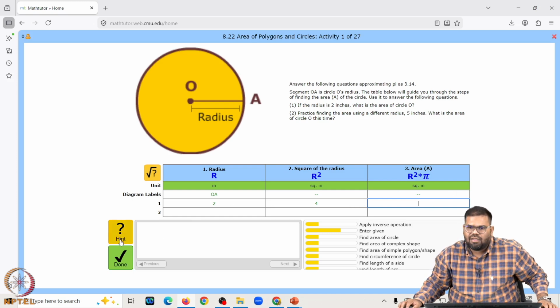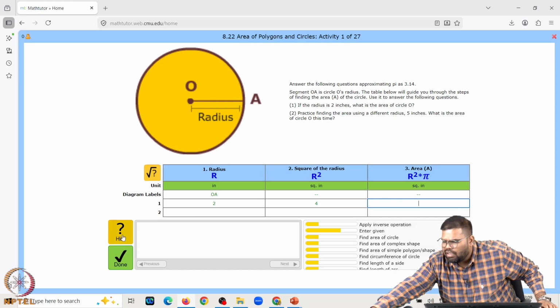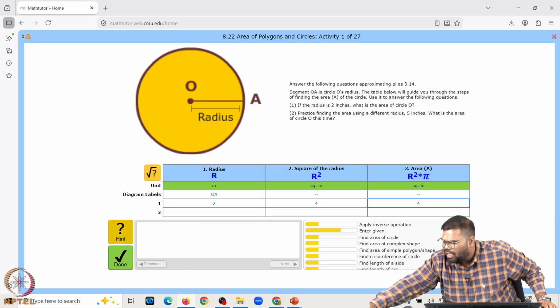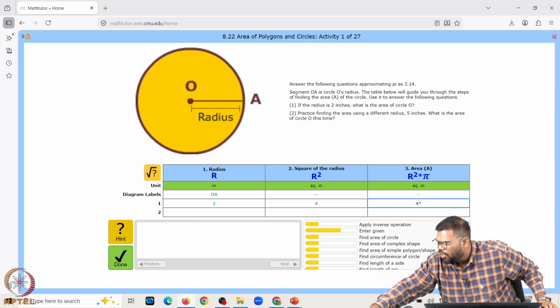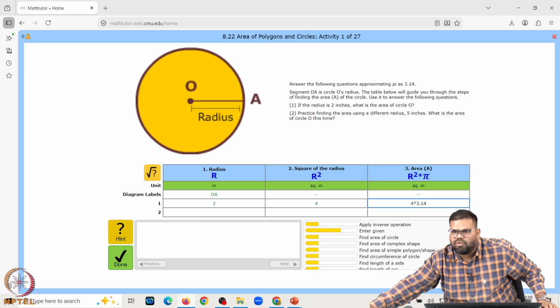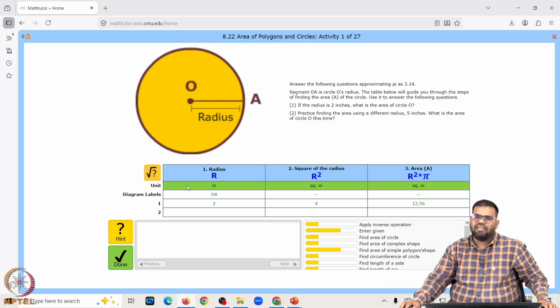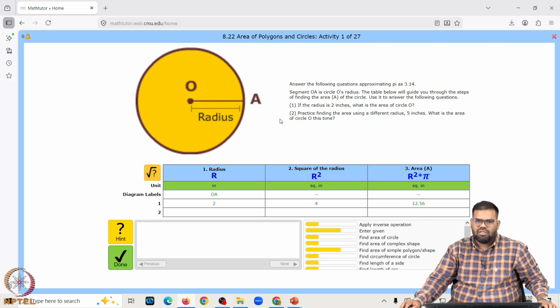So either a student can use the hint, or let's enter r square into 3.14, enter, and it gives us the correct answer. And if you see, this skill, the knowledge, has again increased. Now find area of simple polygon and shape. Now we are able to do this.